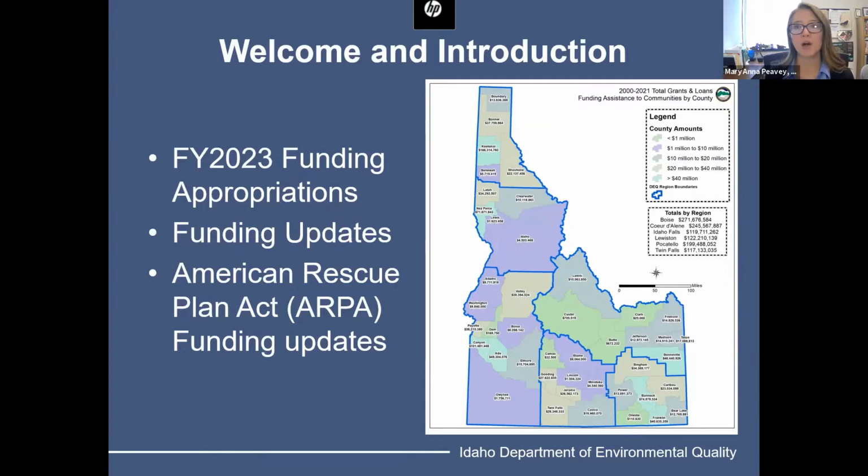Along with this money, our program receives repayment dollars that go back into the fund. So all these loans that we've lent out over the last 30 years come back into the fund, and then we lend that back out. In the last several years, our loan production has been really high.